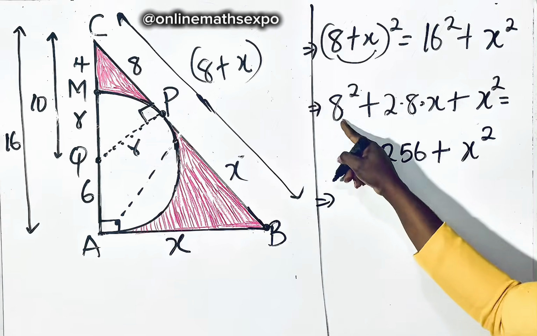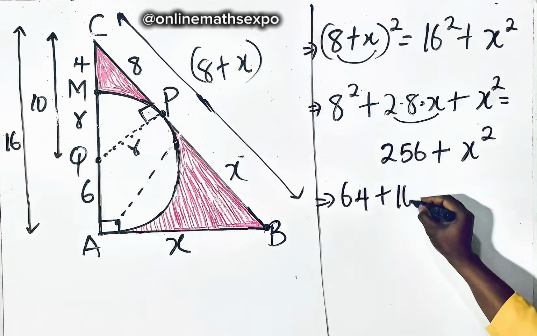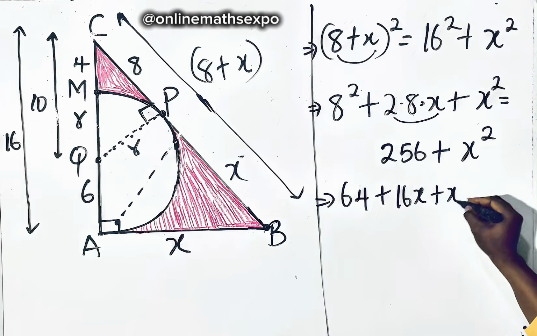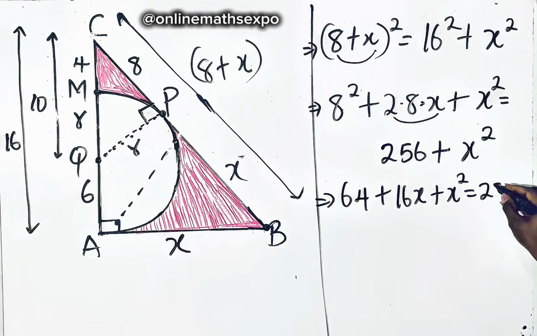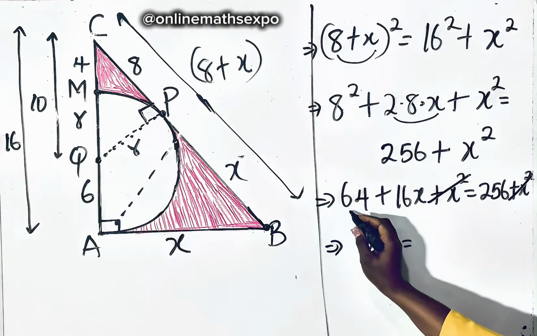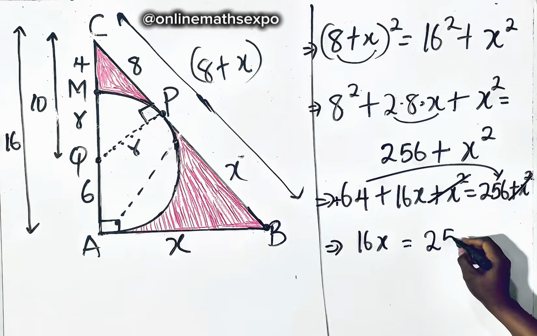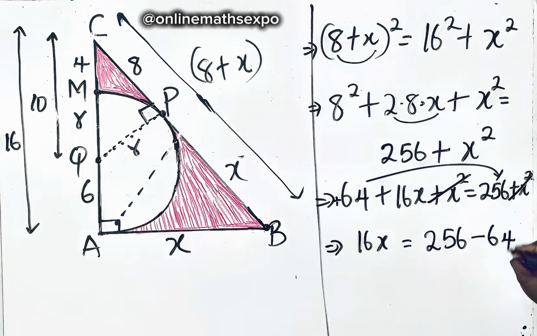Keep solving. 8 squared will give us 64. Multiply this, we have 16x plus x squared is equal to 256 plus x squared. We can subtract these two. Then we are left with 16x is equal to, remove plus 64, you subtract. So we are going to have 256 minus 64.